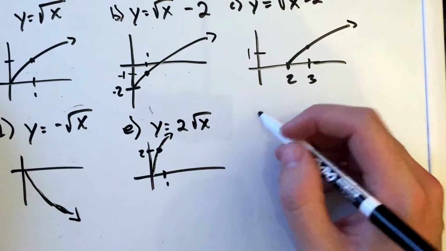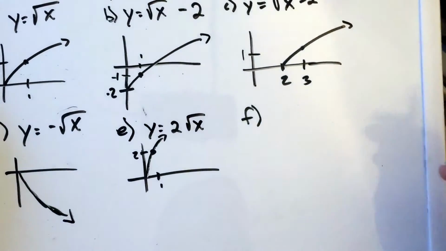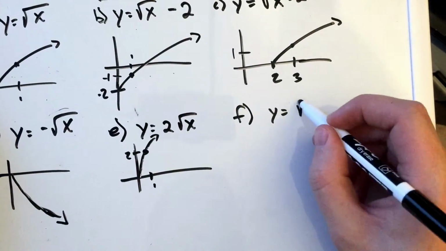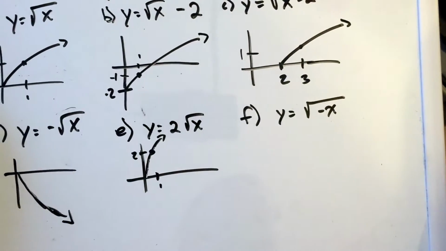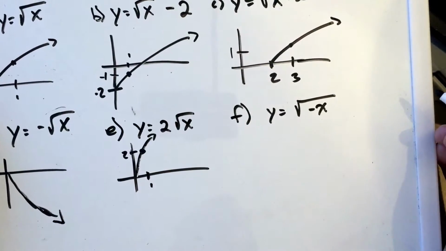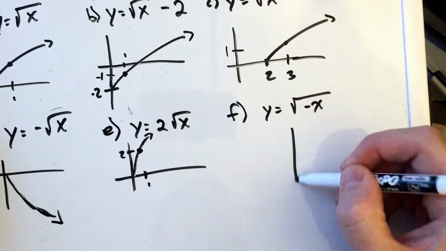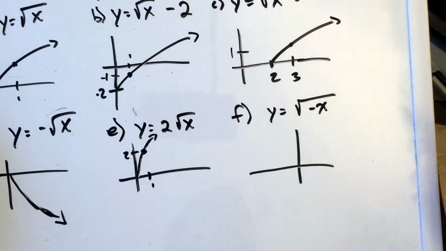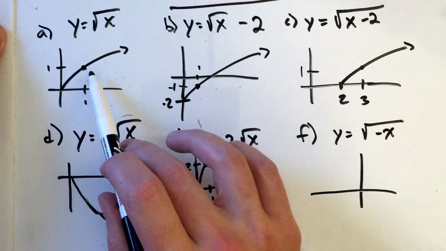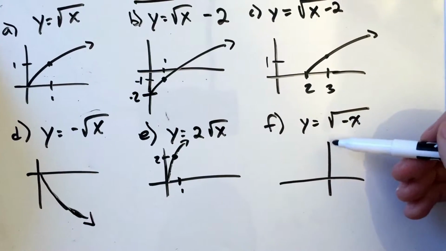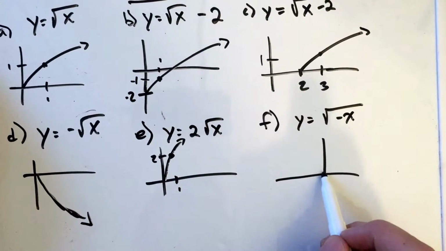Lastly, we have f, this equation, y equals the square root of negative x. Well, what that's going to do, it's a little tricky here. It's going to be just like this first equation, y equals square root of x, but it's going to mirror it over the y-axis. It's going to come this way.